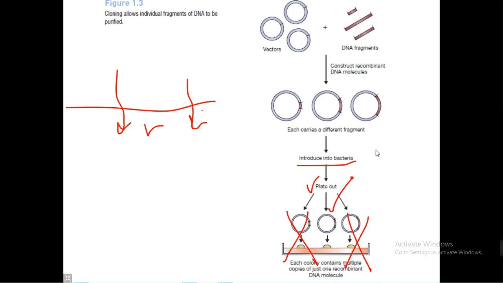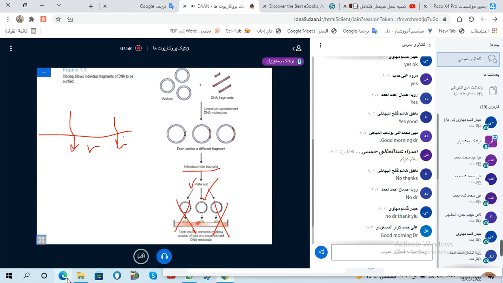May I repeat my question? Listen. I told you here we will have 3 different colonies after all these procedures, okay? And we want one of the colonies because this one is our ideal fragment. So we have a problem here in selecting the right one.